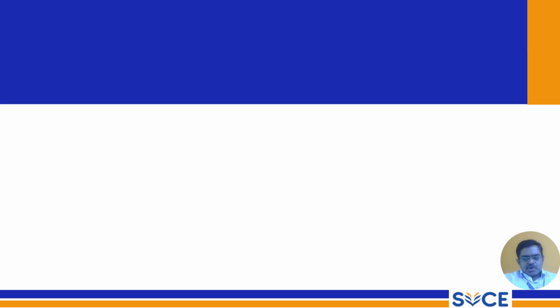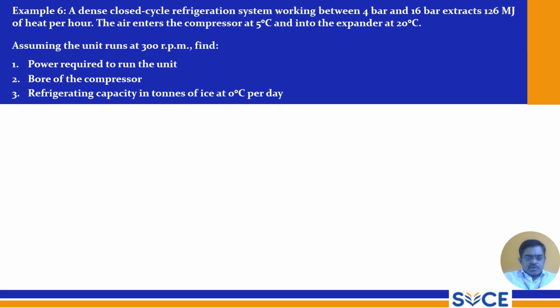So coming to the next problem: a dense air closed cycle refrigeration system working between 4 bar and 16 bar extracts 126 megajoules of heat per hour.